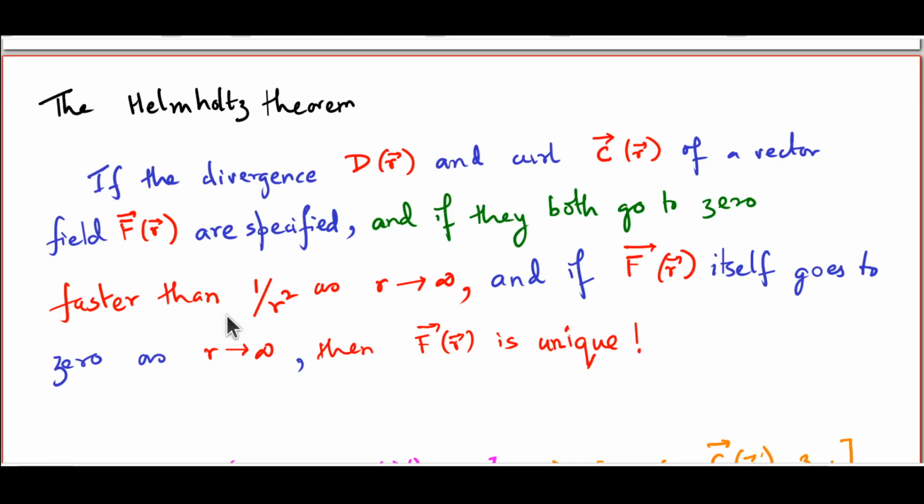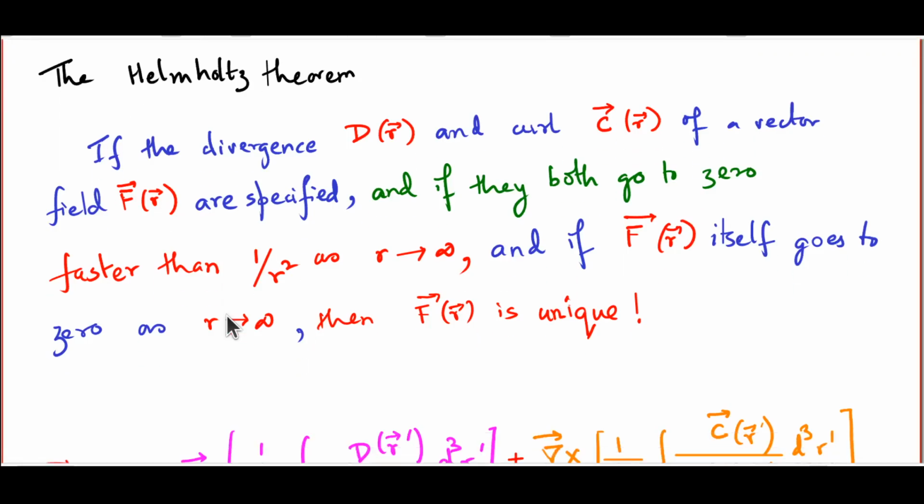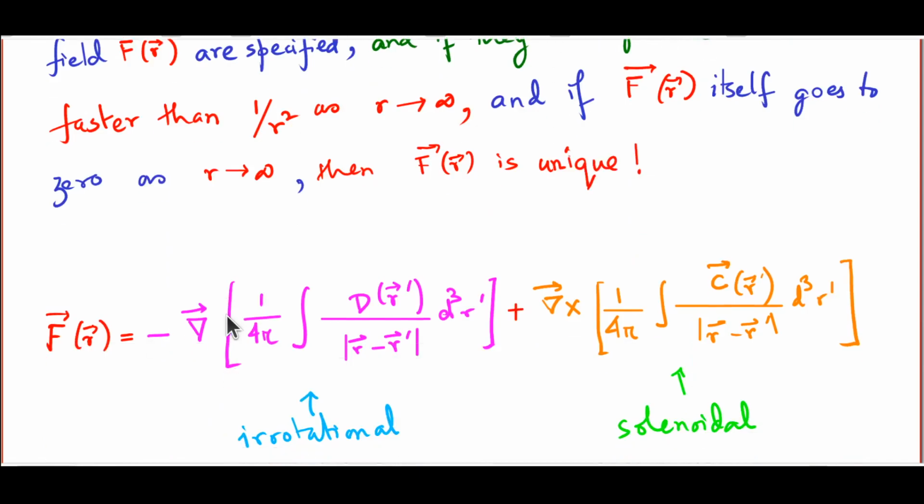But it actually does not just end there. The theorem actually gives us a way of constructing this f of r from the divergence d of r and the curl c of r. And the equation which helps us do that is the following.